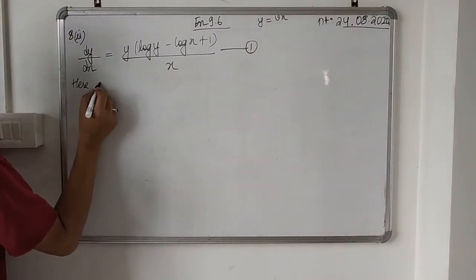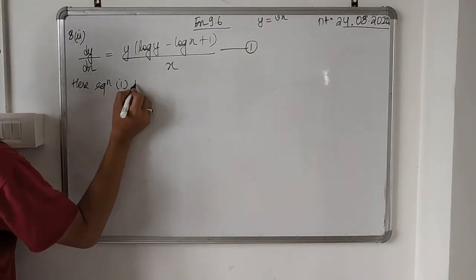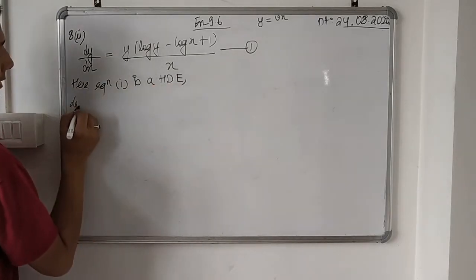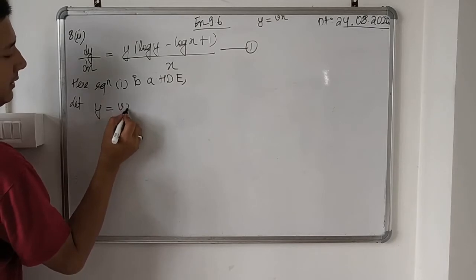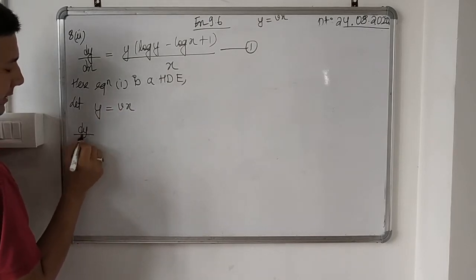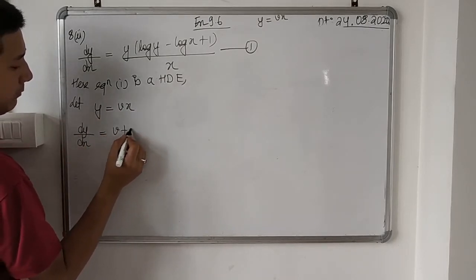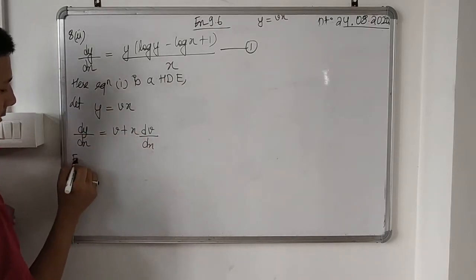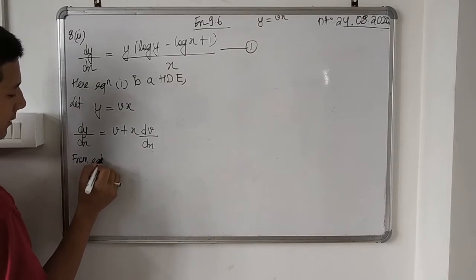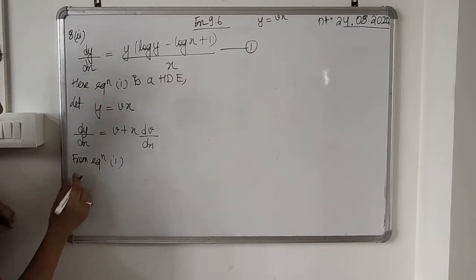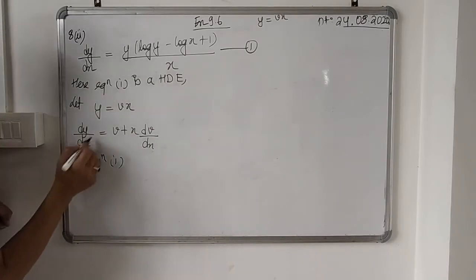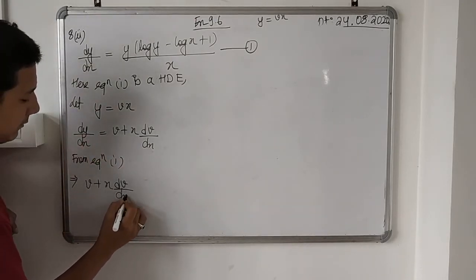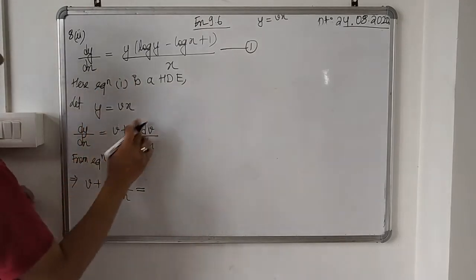Here, equation 1 is a homogeneous differential equation. So again the same, let y equals vx. So dy by dx equals v plus x dv by dx. Alright, so from equation 1, the value for left hand side dy by dx will be v plus x dv by dx, which equals y, that is vx.